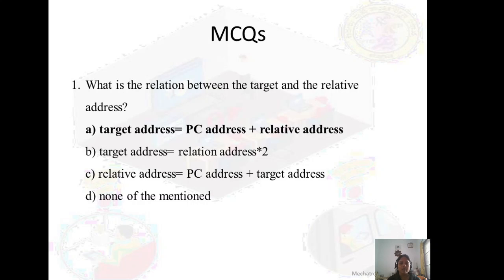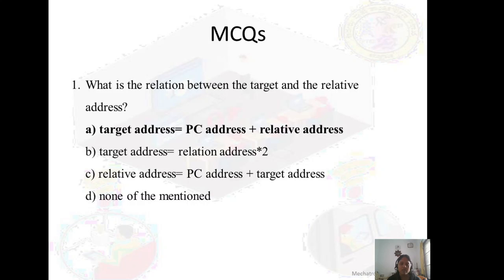We have seen 3 different ranges. One is the relative range, that is from -128 to +127. Then the absolute range, that is from 0000H to 07FFH. Then the long range, that is 64K, from 0000H to FFFFH. Understood?